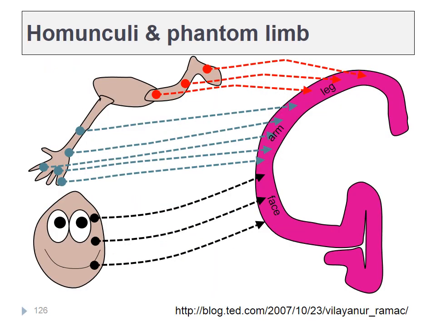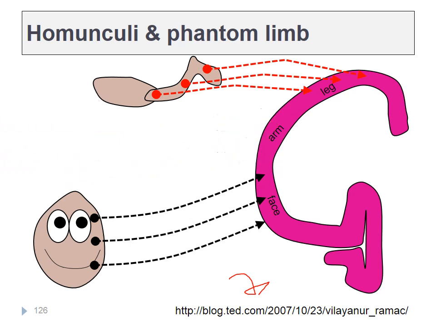Phantom limb also relates to these homunculi. I have a link to a very good TED Talk down below, or you can read that man's book. It's fascinating, but I'll summarize it quickly. If somebody loses a limb, now there's a region of their brain no longer connected to a part of the body. And what should happen is this part of the primary sensory cortex should take a permanent vacation, but it doesn't.